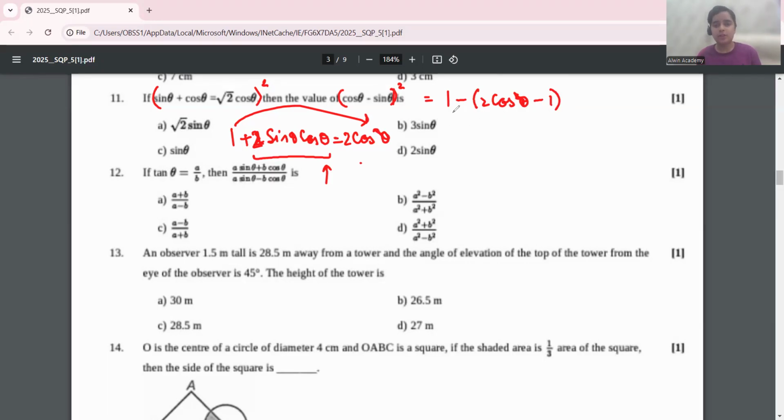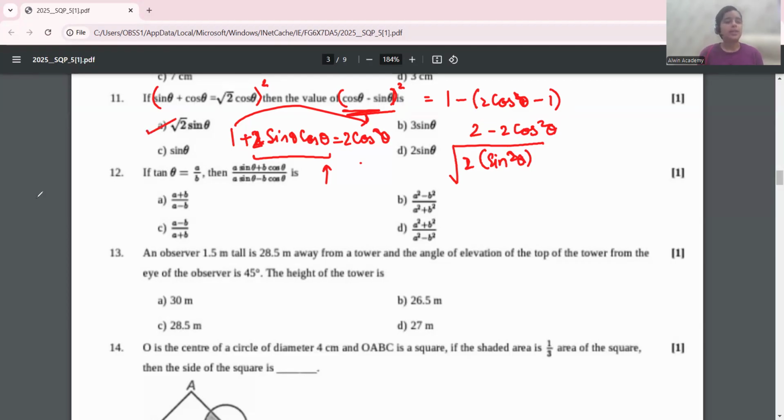So if we solve this further, we get 2 minus 2 cos square theta, or taking 2 as common in the bracket, we are left with 1 minus cos square theta, which is nothing but sine square theta. Now 2 sine square theta is the value of the square of what we needed. So to find the value of cos theta minus sine theta, we root this. It becomes root 2 sine theta, option number A.